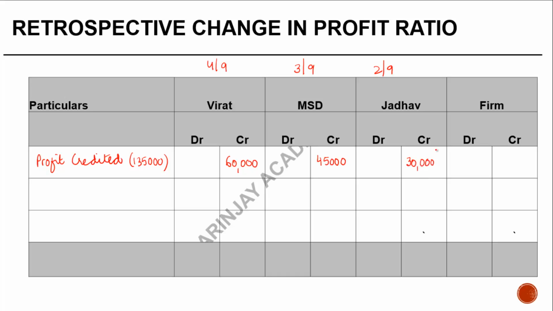The firm was debited by 1,35,000. The credit which should be given is 1/3 each. So I gave them a credit of this much, but I need to debit them now because the loss which the firm has incurred has to be debited equally.